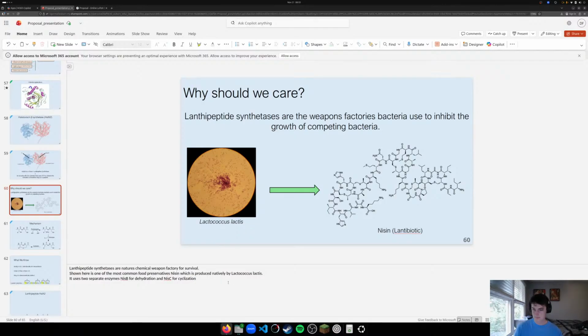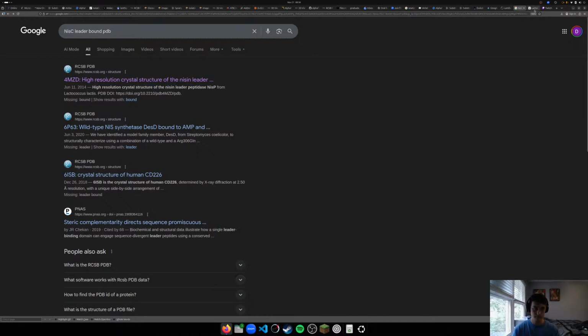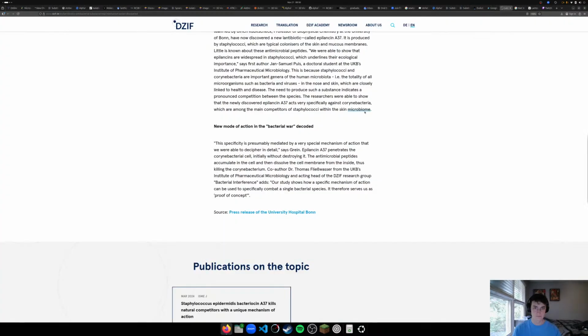Okay. Which would make this a class 1 lanthipeptide synthetase, right? I believe so.